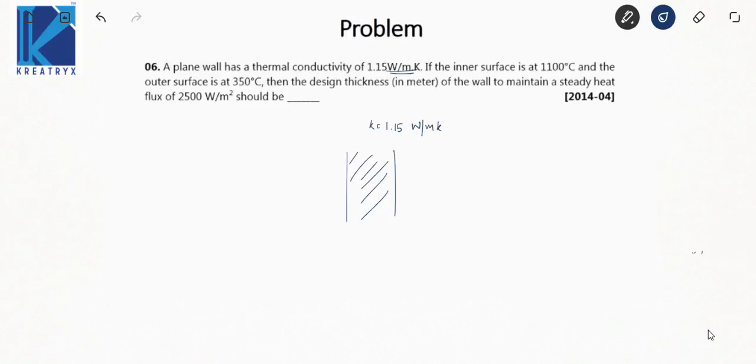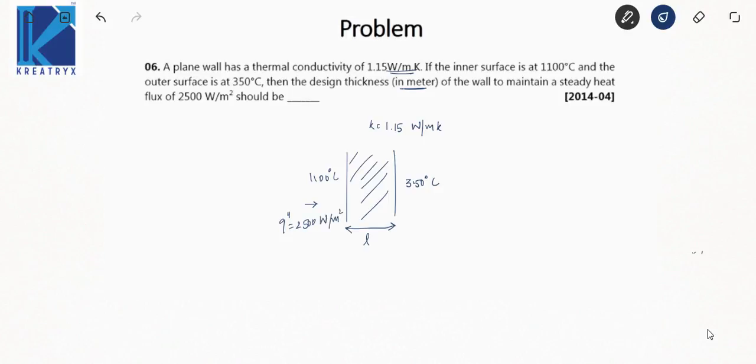Inner surface is at 1100 degrees Celsius, outer surface is at 350 degrees Celsius. Design the thickness in meters, let it be L of the wall, to maintain a steady heat flux. Steady heat flux has been given, that is 2500 watt per meter square.